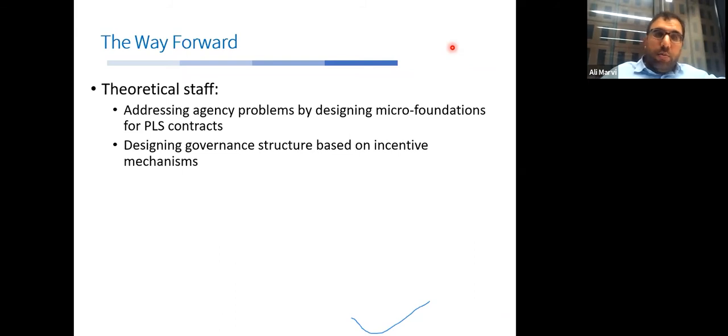Also, there is a sparse literature on the governance structure of Islamic banks based on incentive mechanisms. The other reason for this lack of PLS contracts in practice is the lack of an incentive compatible governance structure. So another line of research in Islamic banking could be these kinds of issues.